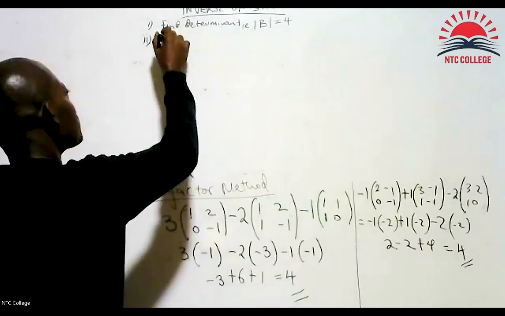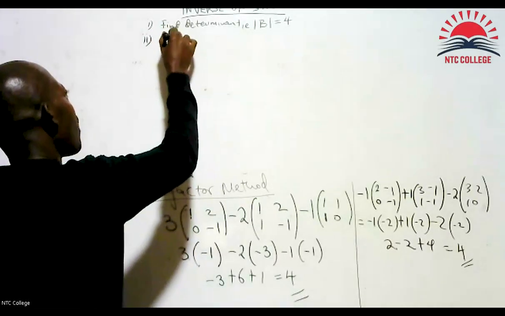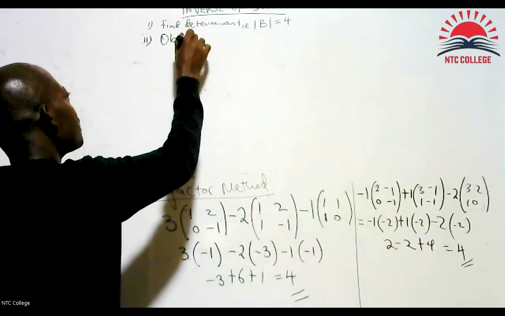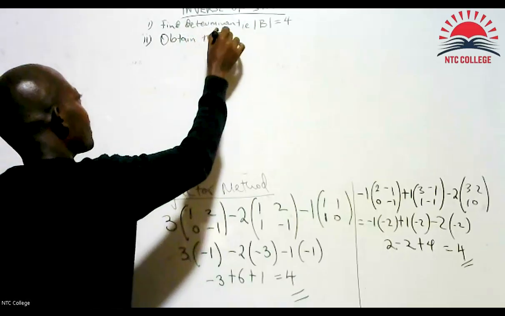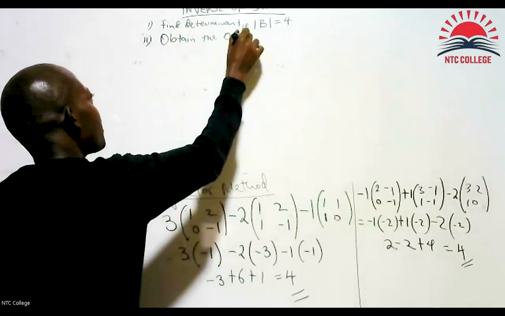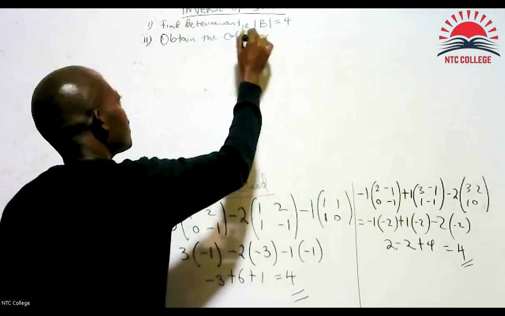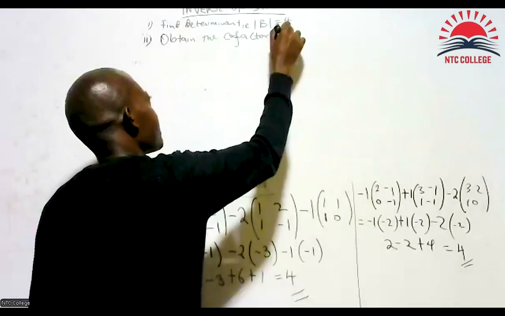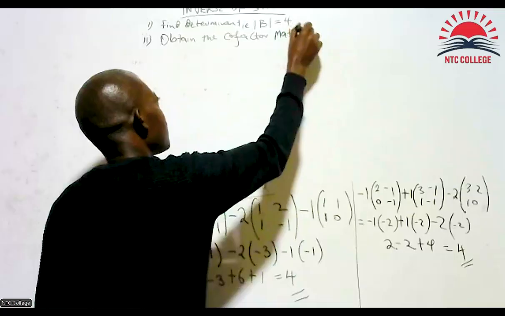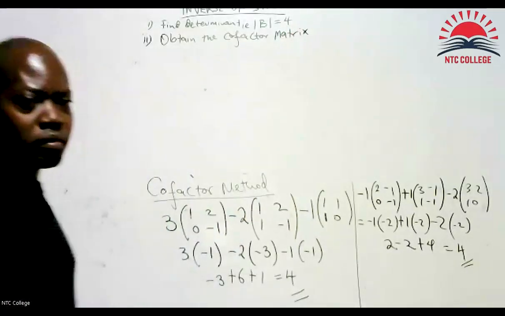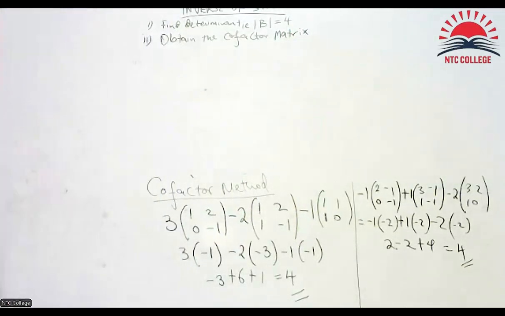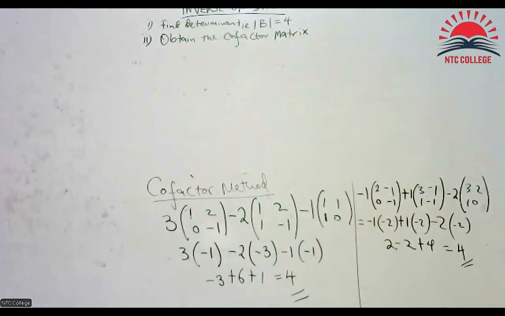So in step 2, we are saying obtain the cofactor matrix. Step number 2, obtain the cofactor matrix.